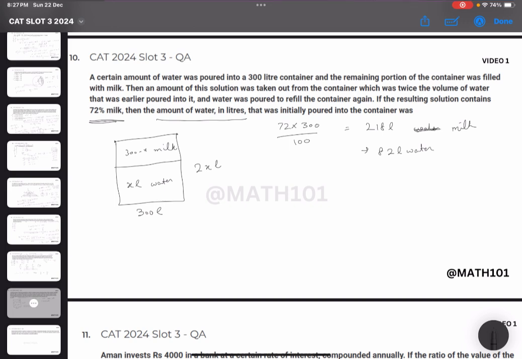So 300 minus x liter of milk was there, of which 2x over 300 is the fraction removed. So this gives the fraction of the solution removed, and it would be distributed evenly in milk and water. So the amount of milk removed would be 300 minus x into 2x by 300.